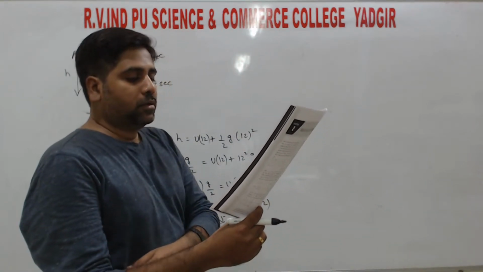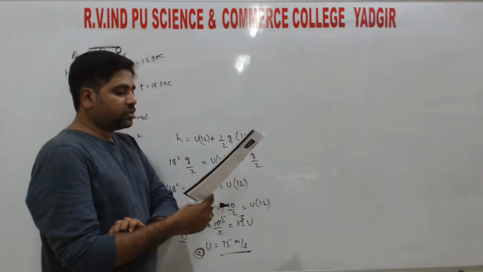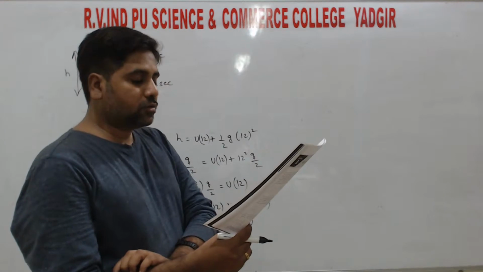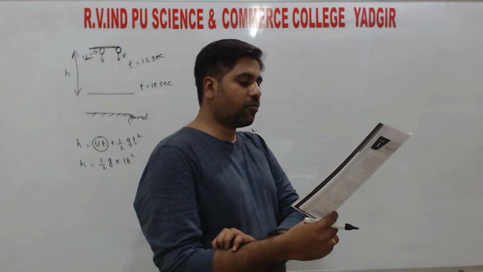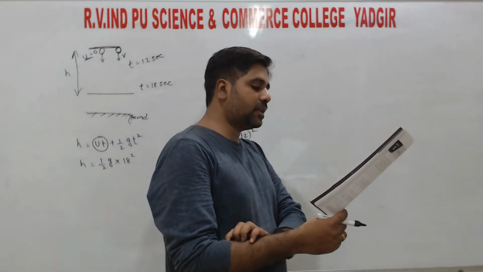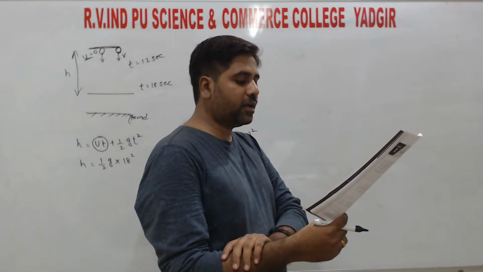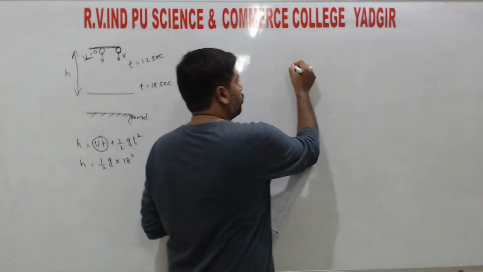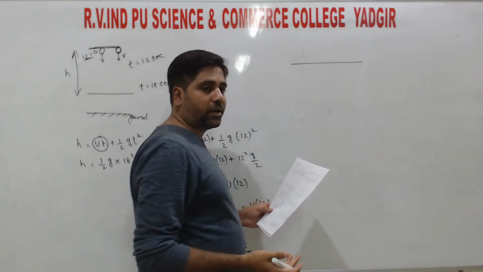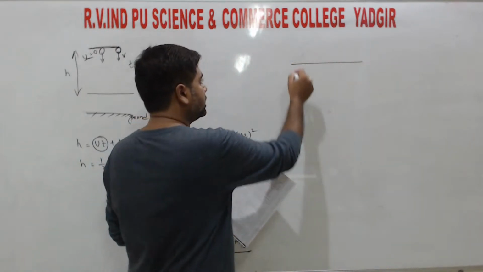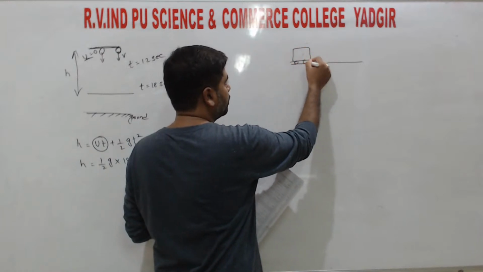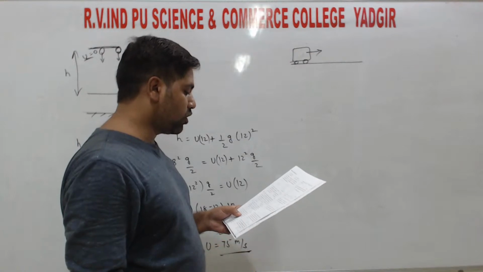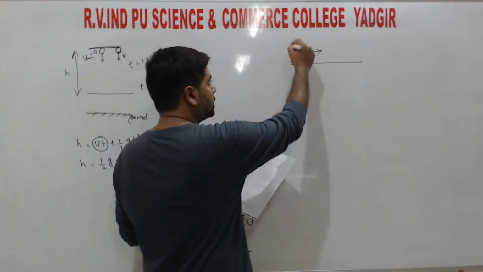Next. A particle starts its motion from rest under the action of a constant force. If the distance covered in first 10 seconds is S1 and that covered in first 20 seconds is S2, right? So initially two cases are represented. So the object is moving, and the object starts from rest.